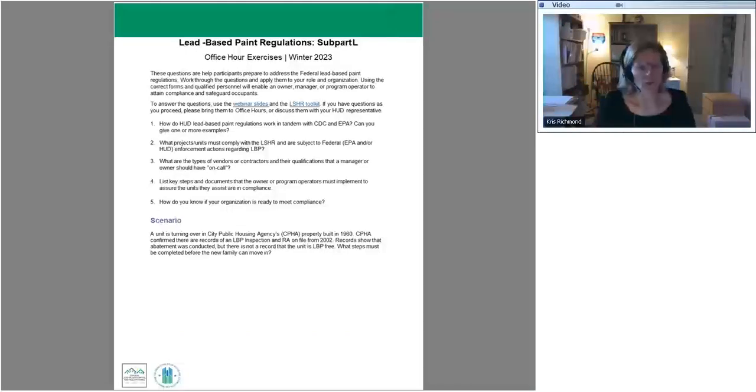What projects or units must comply with lead-safe housing rule and are subject to federal and EPA and HUD enforcement actions regarding lead-based paint? So this is really all housing that's built before 1978, HUD-assisted housing built before 1978 without the exemptions is what we're really looking at for the lead-safe housing rule.